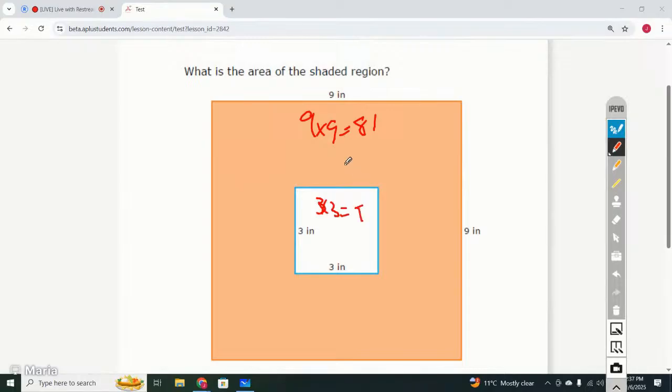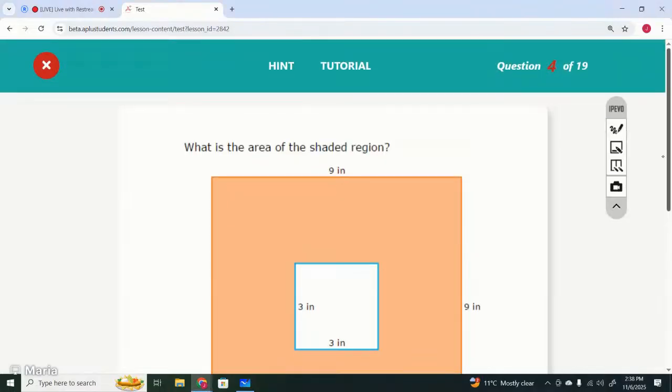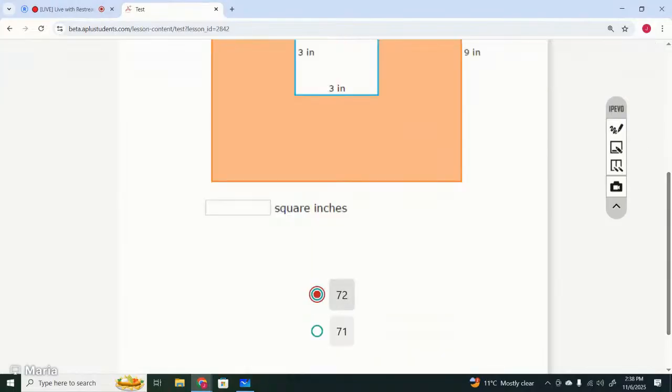And 3 times 3, that is 9. 81 take away 9 is 72 it is. The correct option is 72.